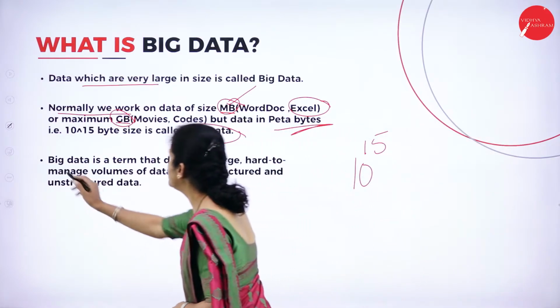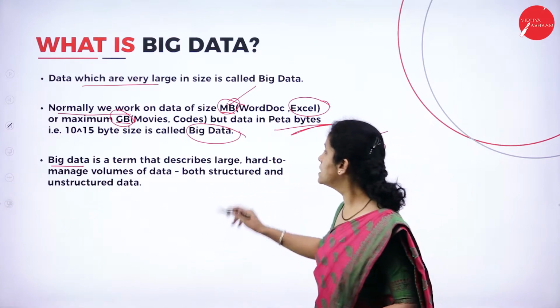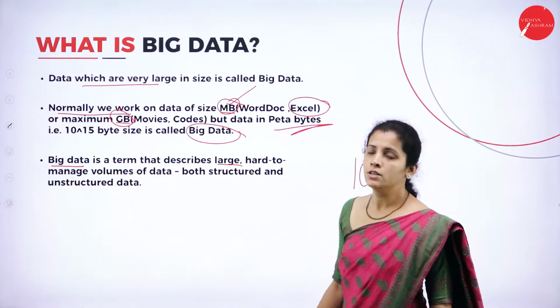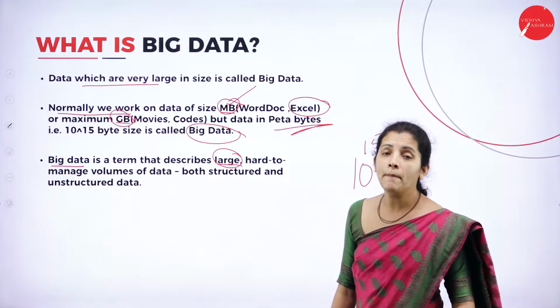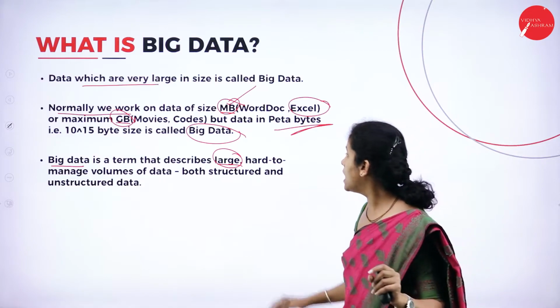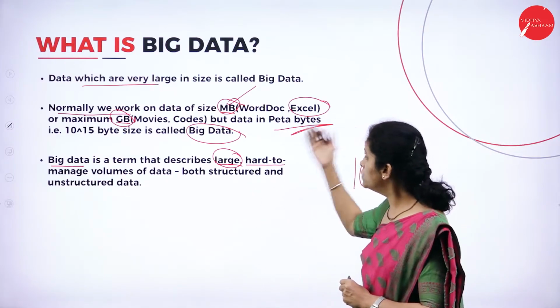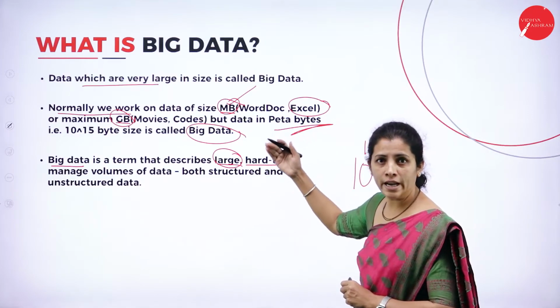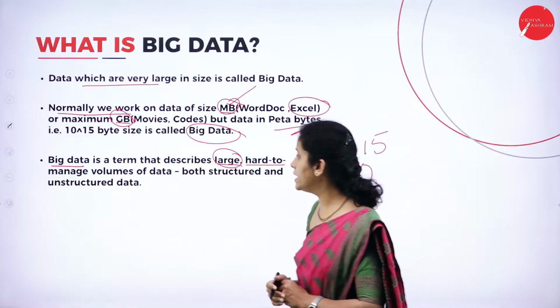So big data is a term that describes large data. It is mainly used to describe a massive amount of data that is hard to manage. It is very difficult to manage a massive amount of data.